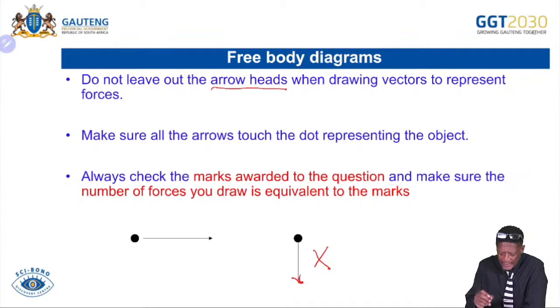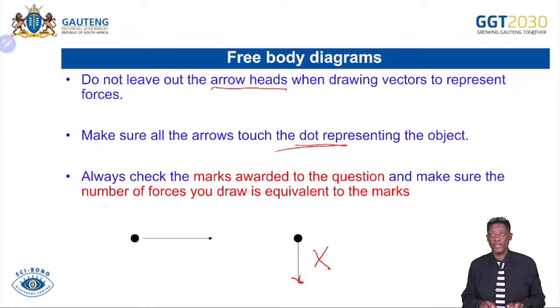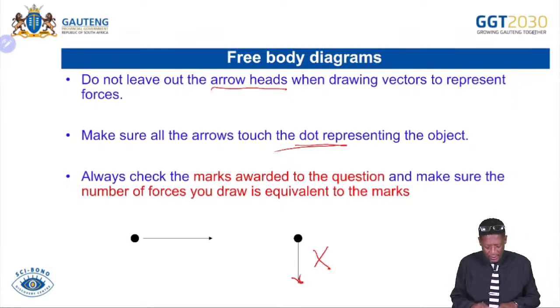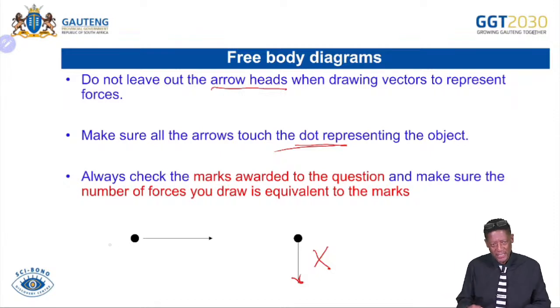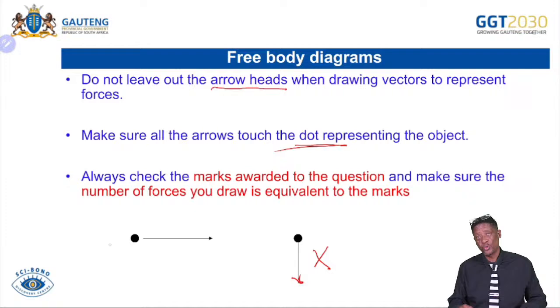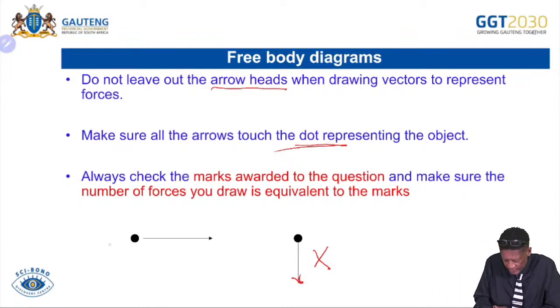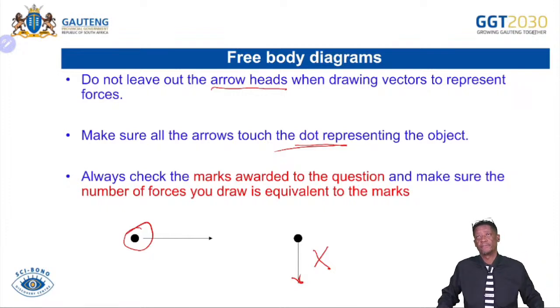At one point, the dot is very important. In a free body diagram we use a dot, but the dot must be attached to the arrow. If you leave a space like this, you're going to get it wrong.